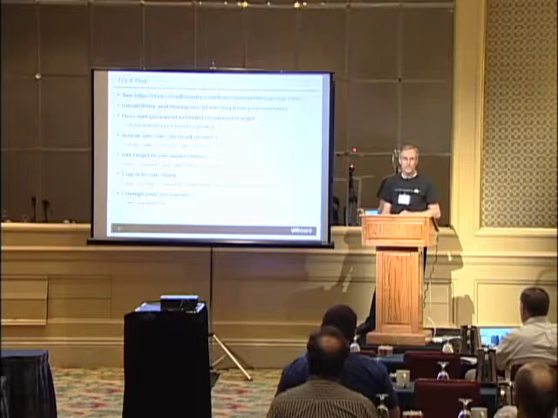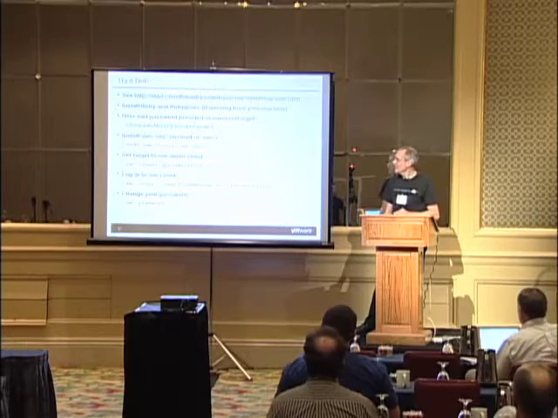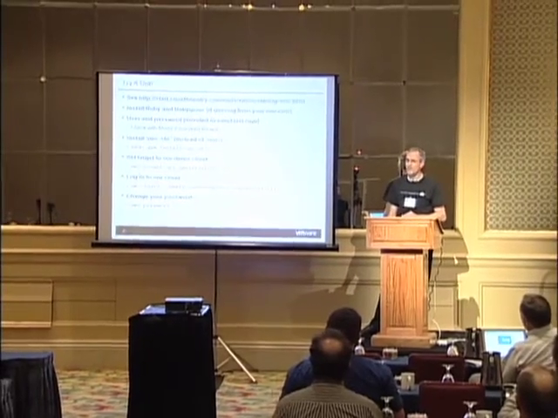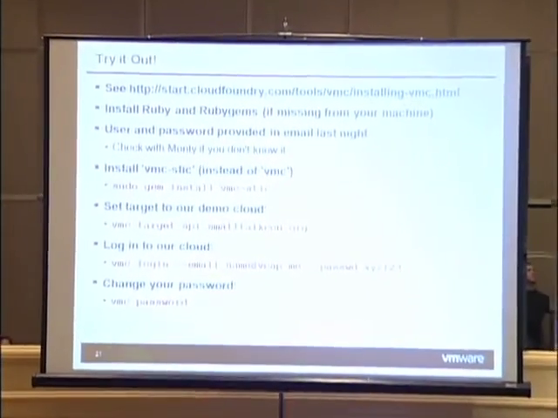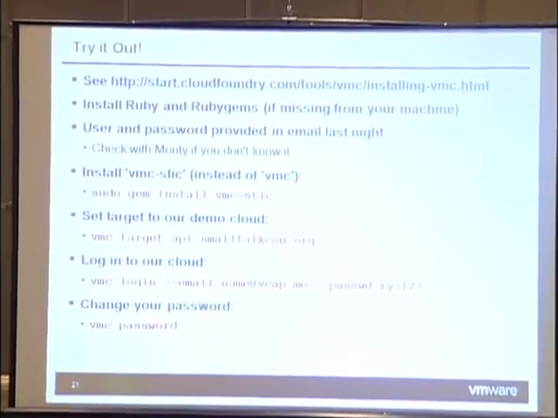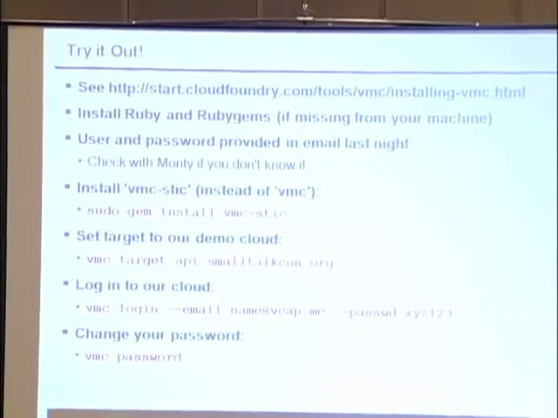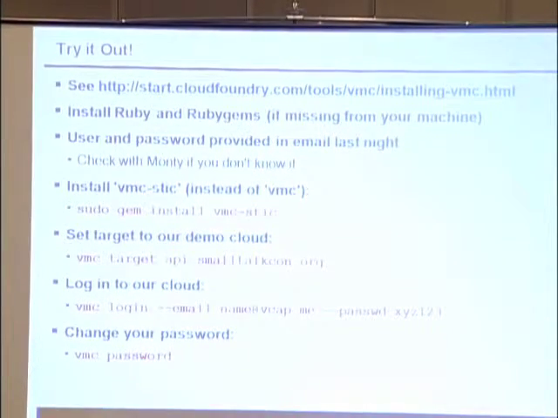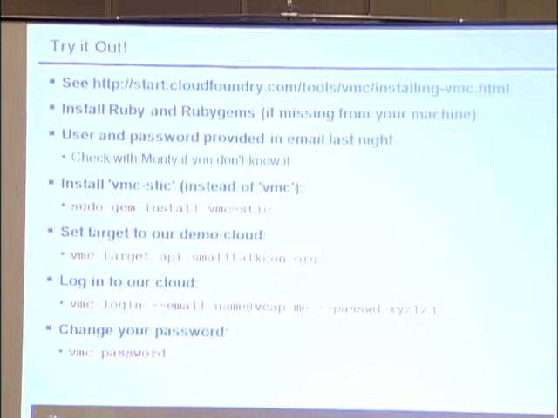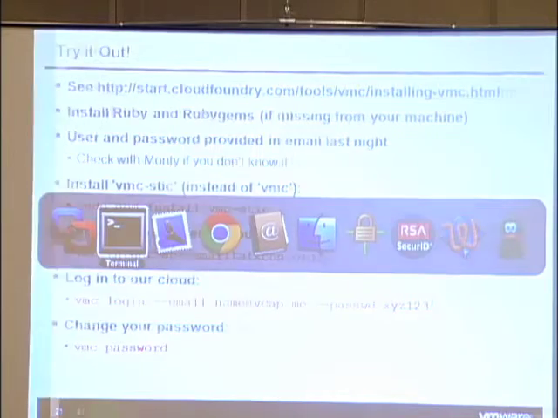We actually have a special version for us that's VMC stick. And so we'll want to do a gem install VMC stick. And that will put onto your machine the client tools to interact with the cloud. And then log in. And you can change your password.